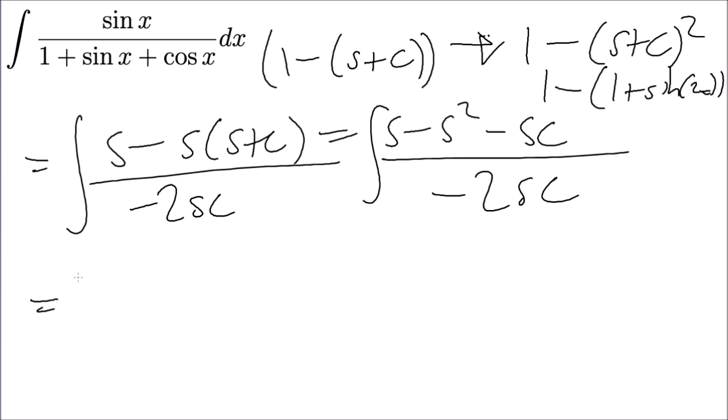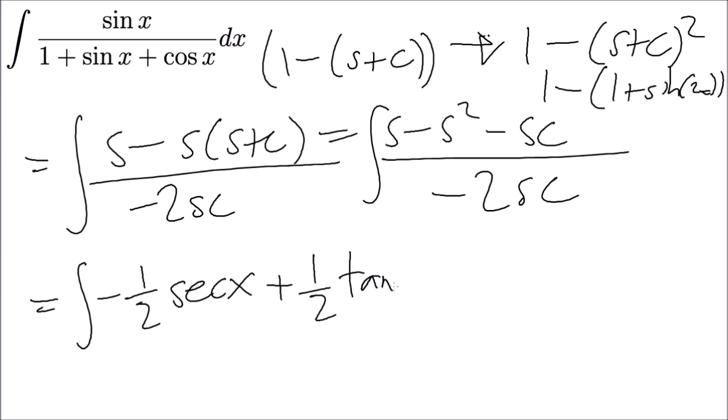Okay, and so now we have this integral of negative half of secant x, and then this would be plus a half of tangent x, and then we have plus half.